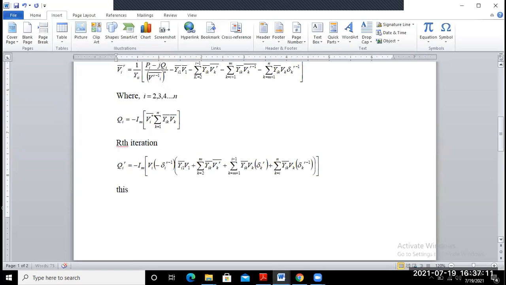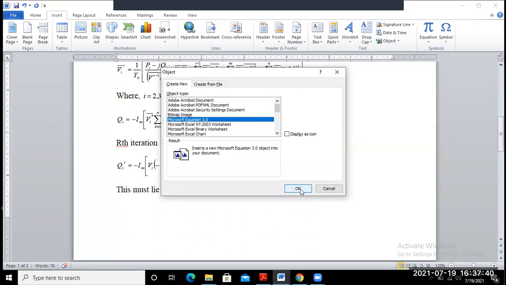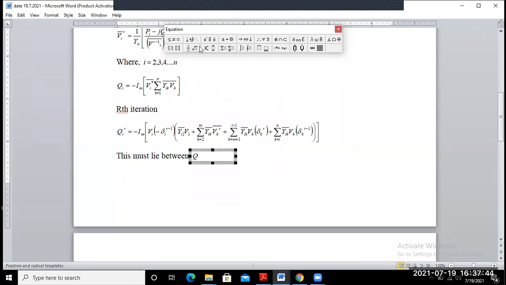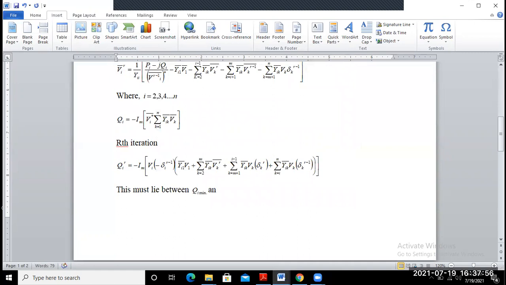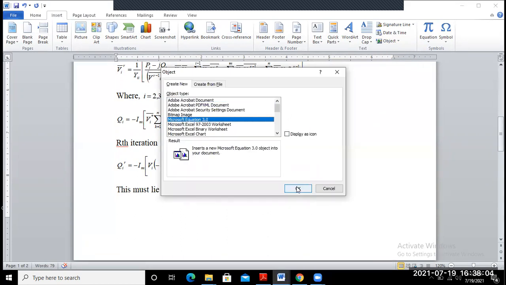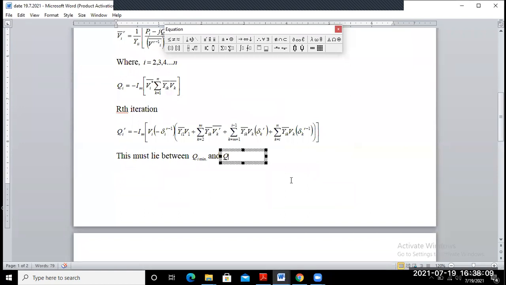This value must lie between Q_i minimum and Q_i maximum.